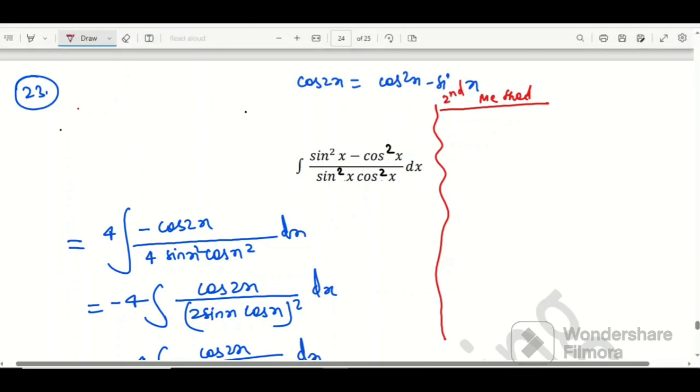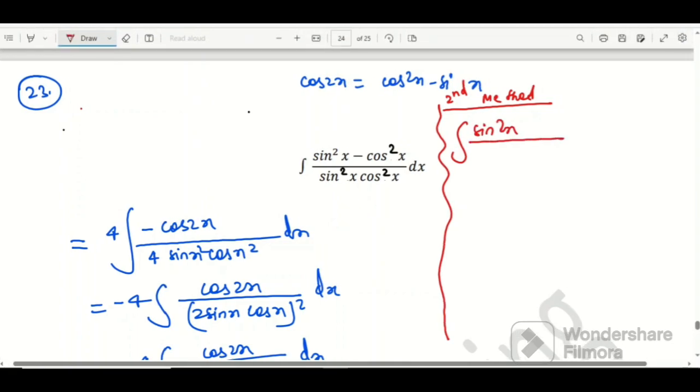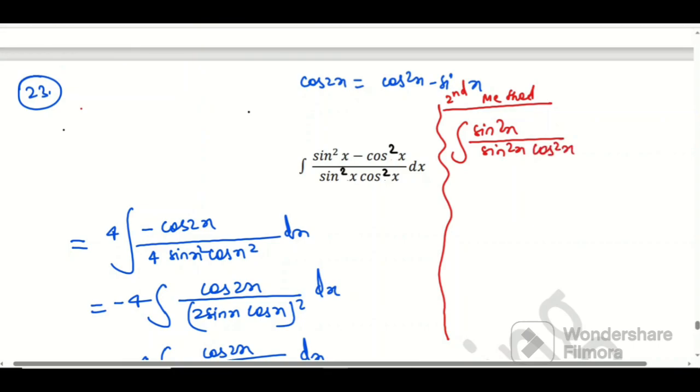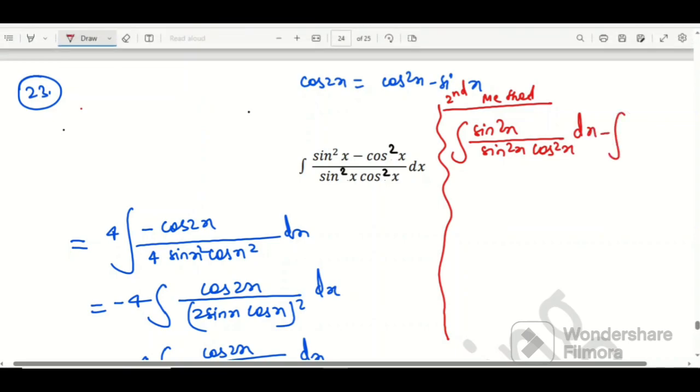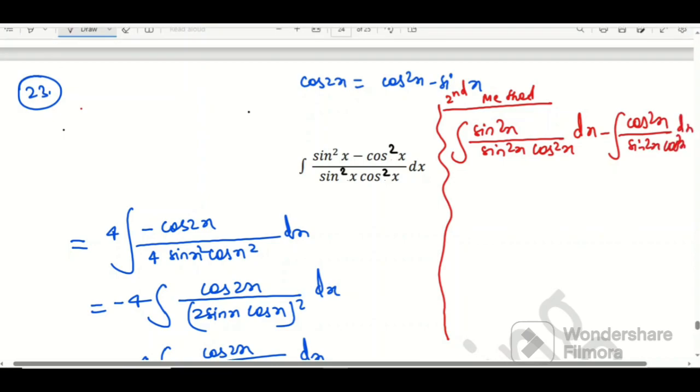We could have separated these two terms of the expression, like sin square x upon cos square x into sin square x cos square x dx, minus cos square x upon sin square x cos square x dx.